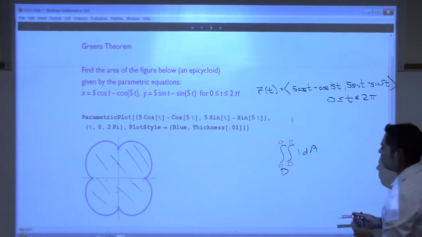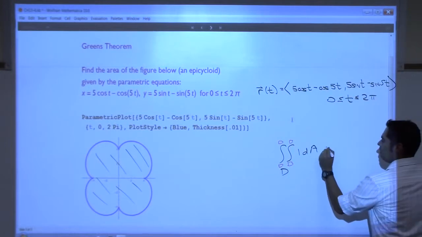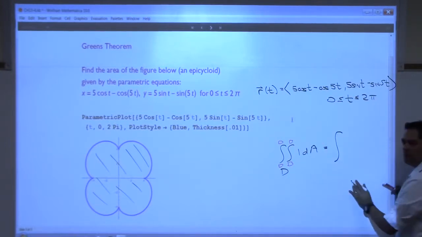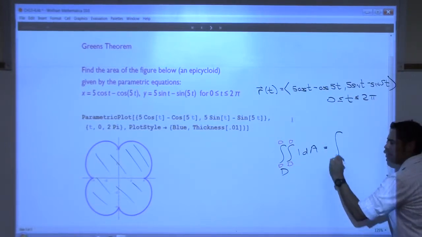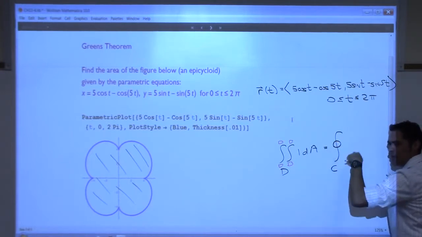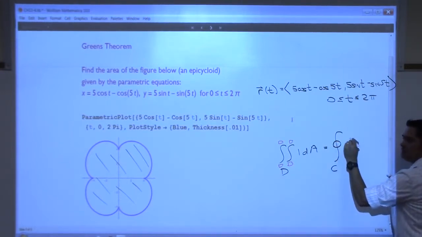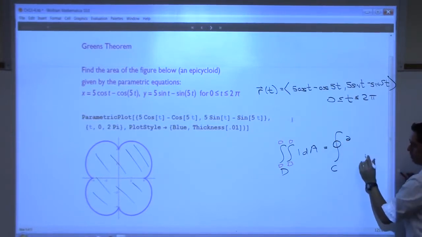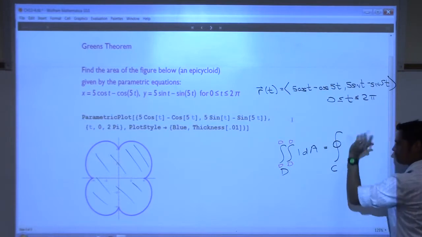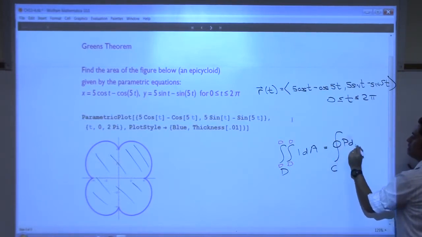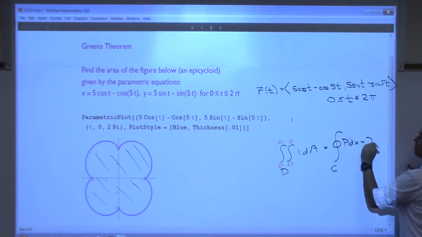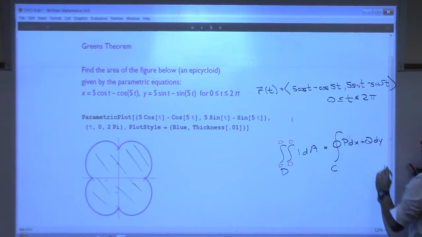However, this is equal to the line integral over C of the closed curve in positive orientation of what? P dx plus q dy.